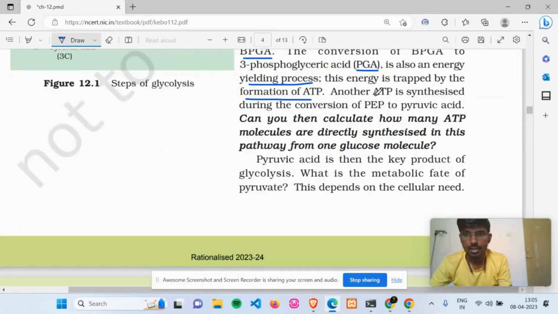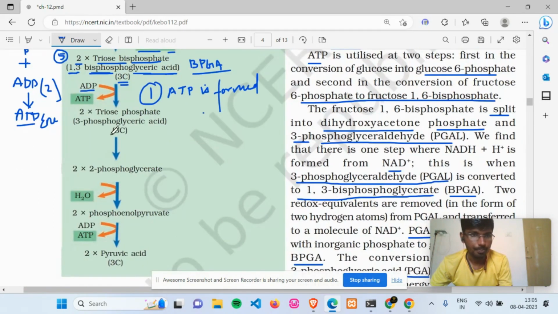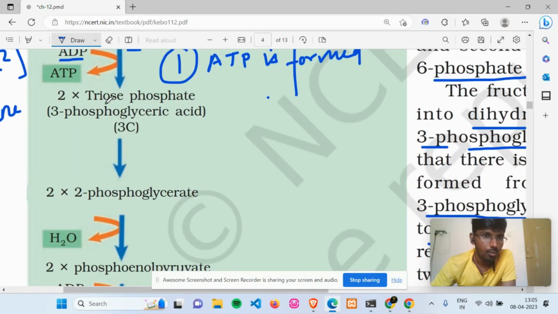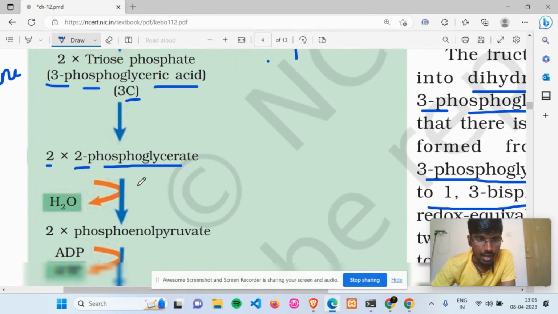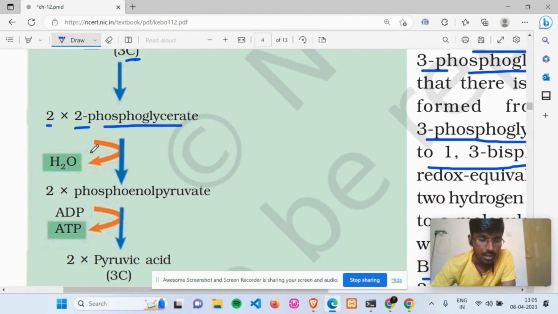Another ATP is synthesized during the conversion of PEP to pyruvic acid. In the next step, 3-phosphoglyceric acid, which is a 3 carbon compound, is getting converted into 2-phosphoglycerate, and this 2-phosphoglycerate, by removing an H2O molecule, forms phosphoenol pyruvate.